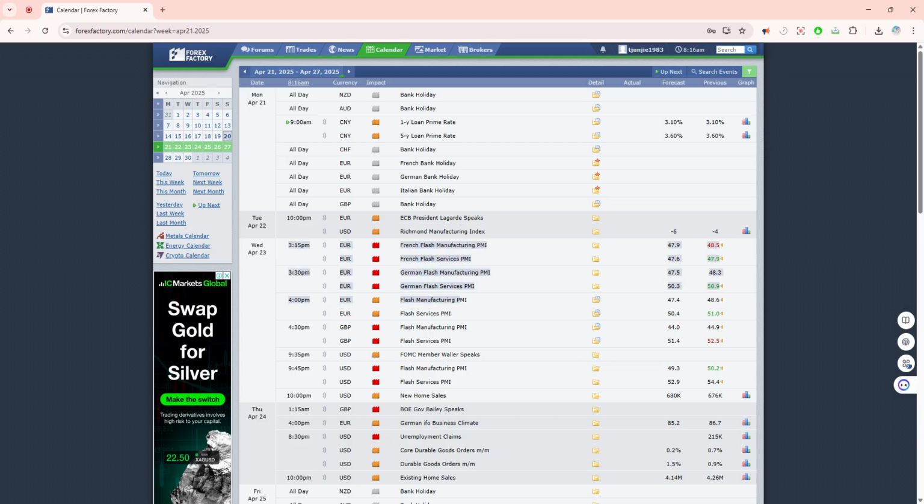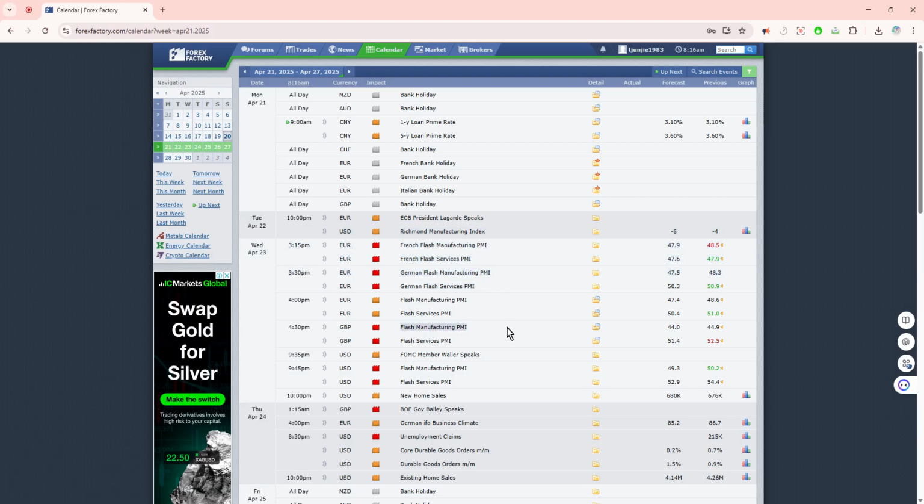Okay, so Wednesday, keep in mind there's the PMI from the European side. Mainly the French and the German PMI data will be rolling out, and this will of course impact the euro.